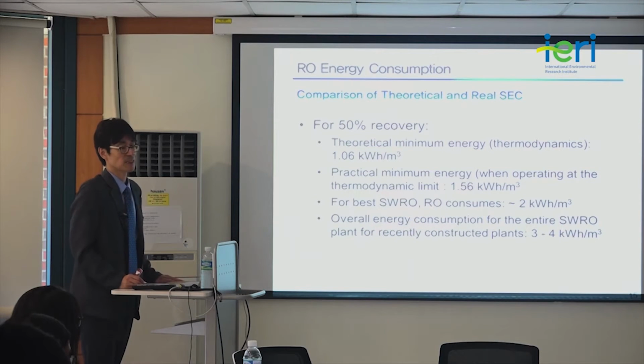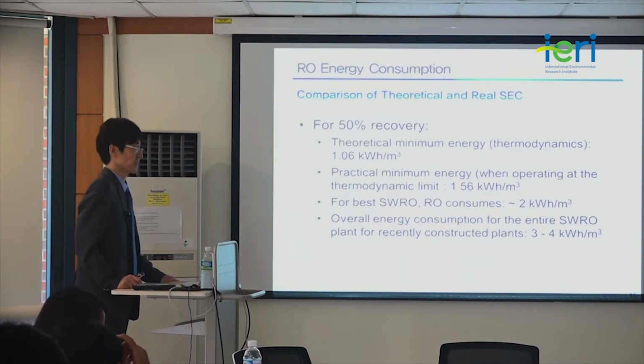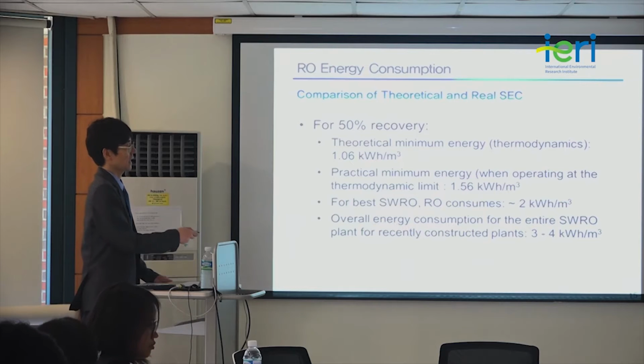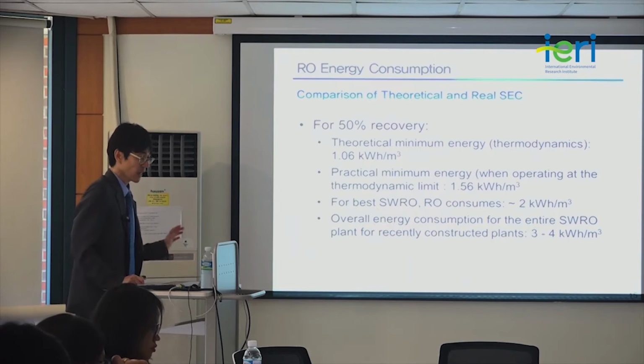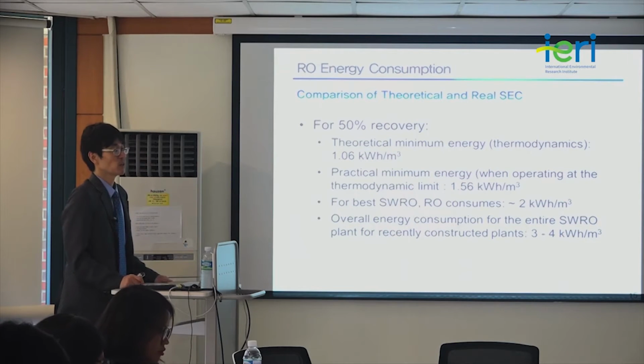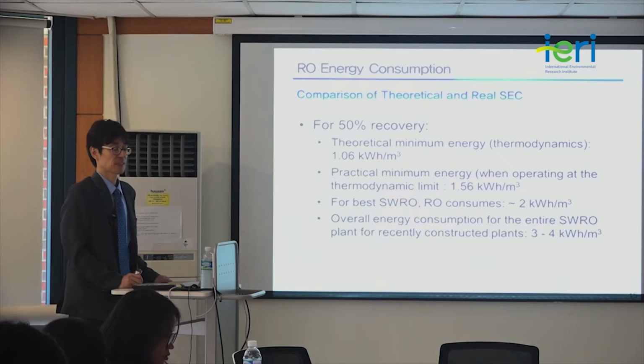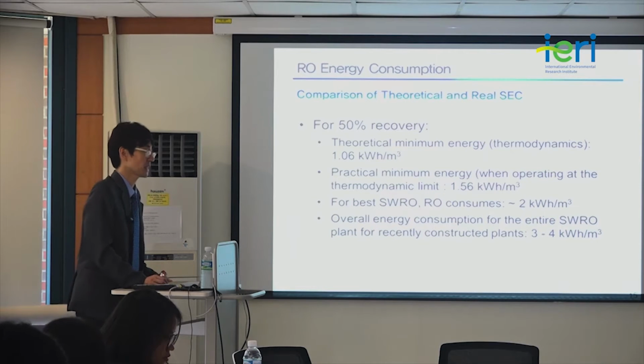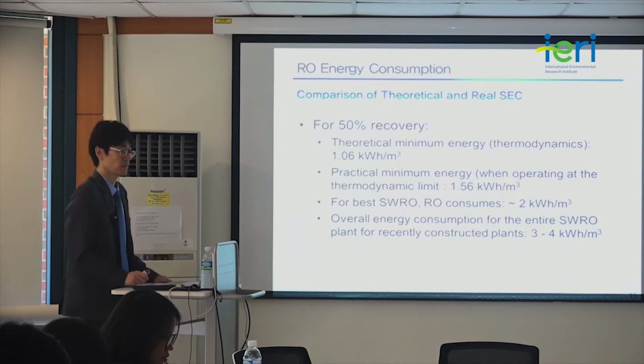But in case of seawater, seawater has almost constant characteristics, so we can have this kind of a standard number. Again, depending on the region, seawater characteristics, or the type of process, we'll probably have different numbers for the specific energy consumption.